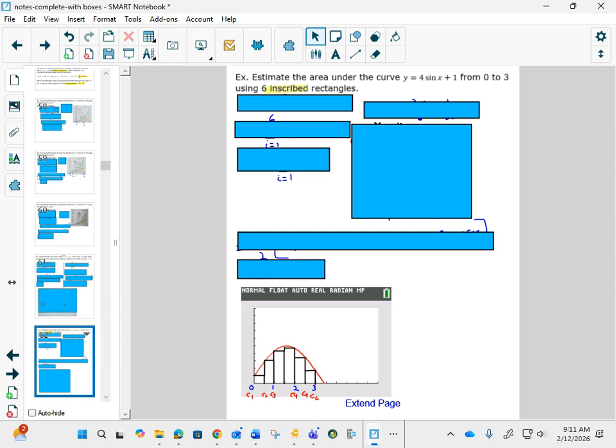So C1 will be here, C2 would be here, C3 would be here, C4 actually skips to this one, right? Because between these two, now the minimum's on the right side, then C5, then C6. And we start to notice that if you wanted lower sums, if your function was increasing, you always take the left side. If your function's decreasing, you'd always take the right side.